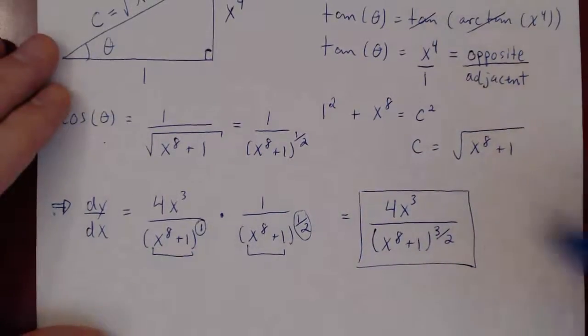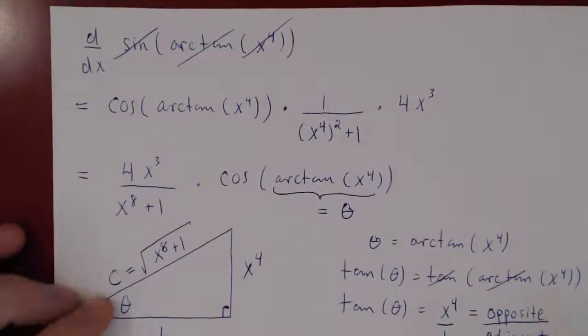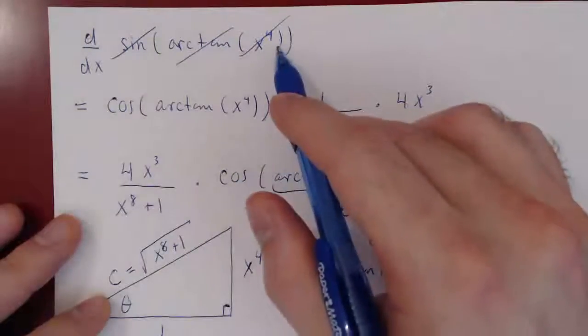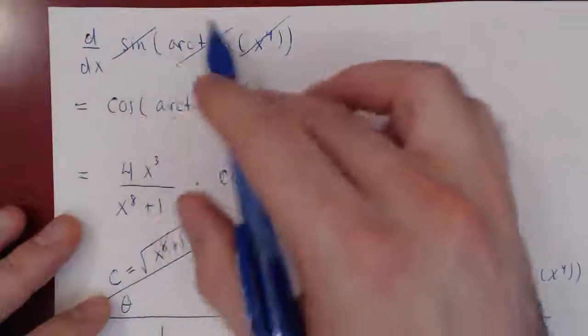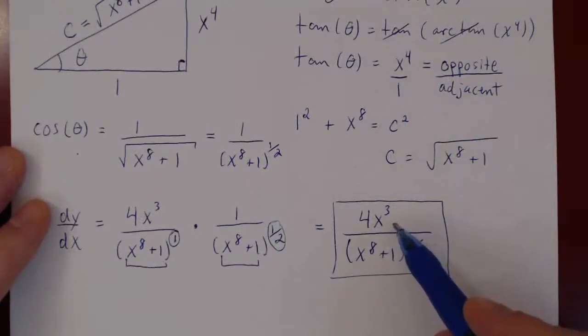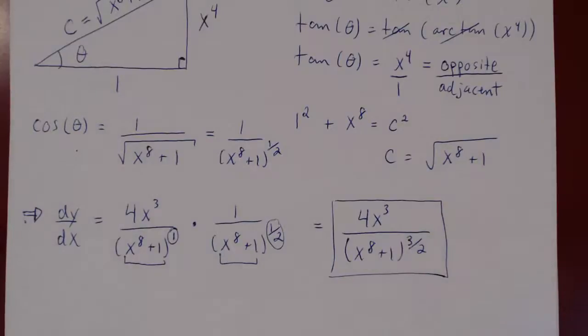And you can appreciate the simplicity of the answer given the original function. Right? The function was originally sine of arctangent of x to the 4. So we have a trig function of an inverse trig function, and somehow the derivative does not contain any trig or inverse trig function. And this is not a coincidence. It will always happen.